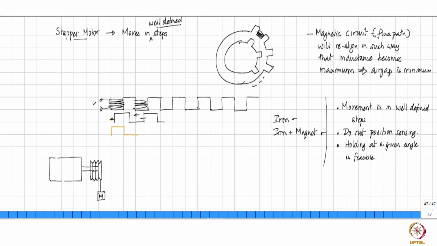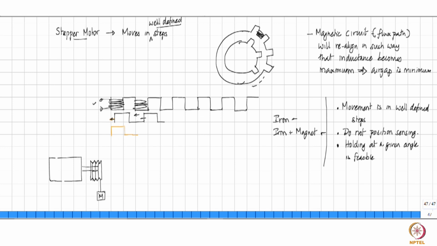If you are going to use any one of the other varieties of motors, you need to have a control system that detects what is the angle and then energizes the motor such that that angle doesn't change, which means you need a position sensor and then an error detection mechanism, and then that mechanism has to energize the control circuit, and whichever circuit you are going to have across that, all that has to be done.